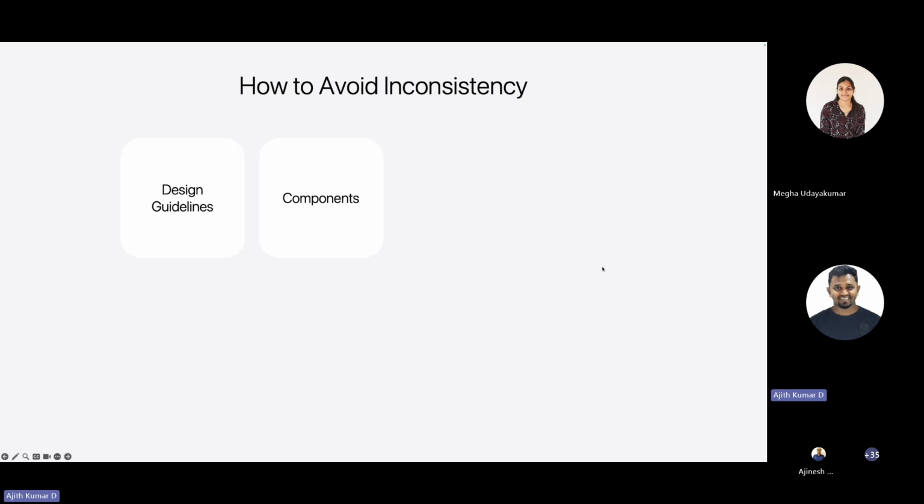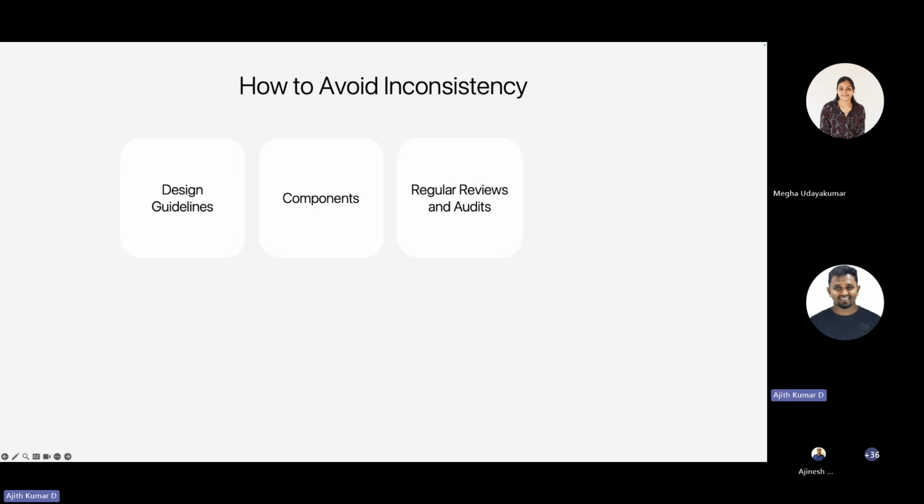Next is use components. Utilize reusable components for common UI elements like buttons, forms, and navigation menus to maintain consistency across the application. Regular reviews and audits are a must. Conduct regular design reviews to make sure new designs follow the established guidelines.